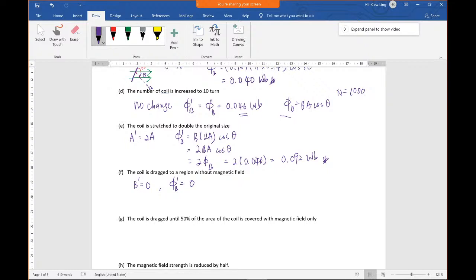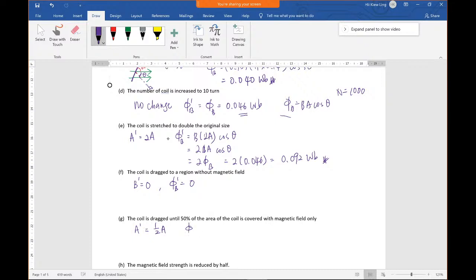Question G, the coil is dragged until 50% of the area of the coil is covered by magnetic field only. Which means now the area covered by the magnetic field is half of the original area, because only half of the area is being covered by the magnetic field.